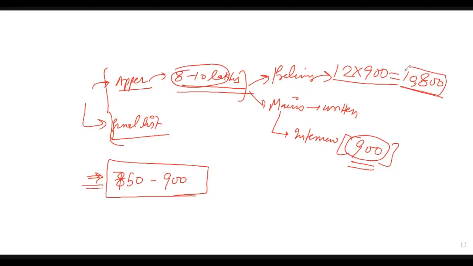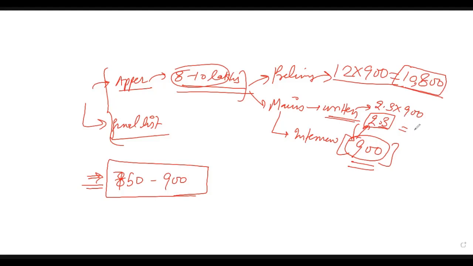Now these students will write the mains written exam, and UPSC then selects around 2.3 times the number of seats available. It means in the written examination, UPSC will select 2.3 into 900.